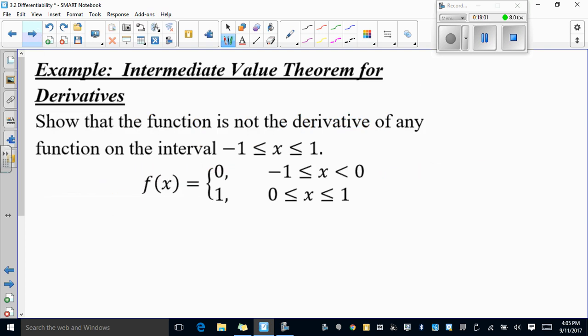Okay, so intermediate value theorem, show that the function is not the derivative of any function on the interval -1 to 1. Remember, differentiability implies continuity. Keep that one in mind. So the function is not the derivative of any function. So really this is an f prime. So if I do the limit as x approaches 0 from the left of f prime of x, then that's going to be this one here, and I'm going to get 0.